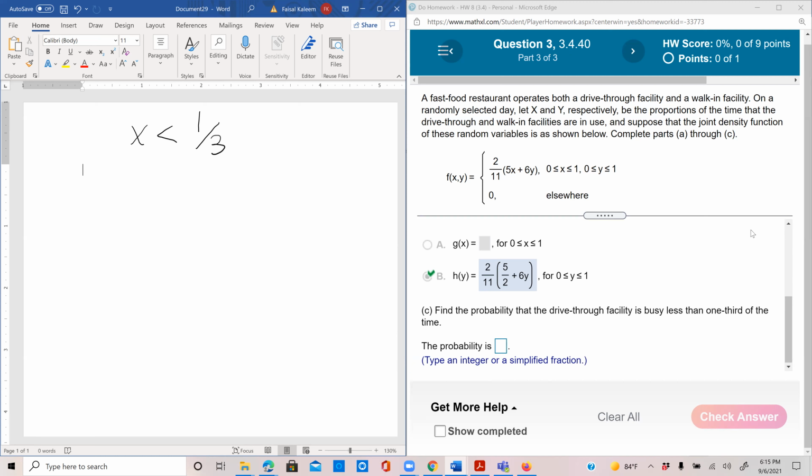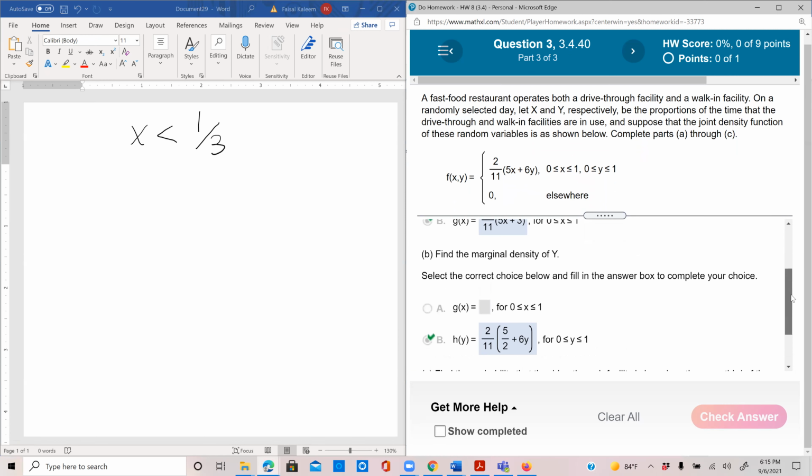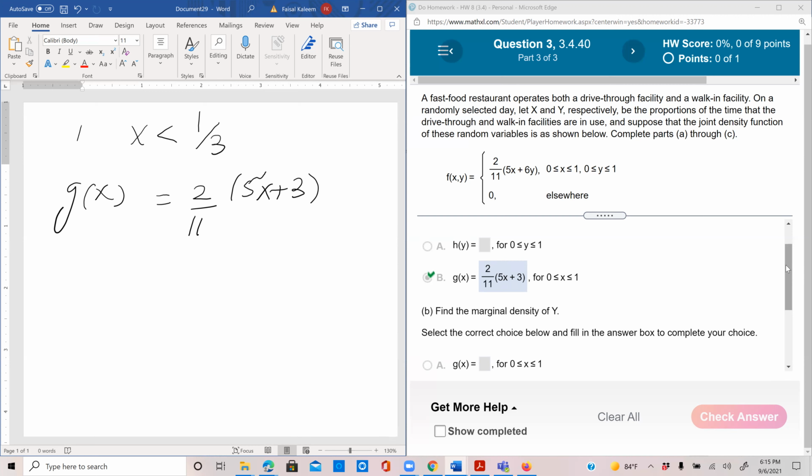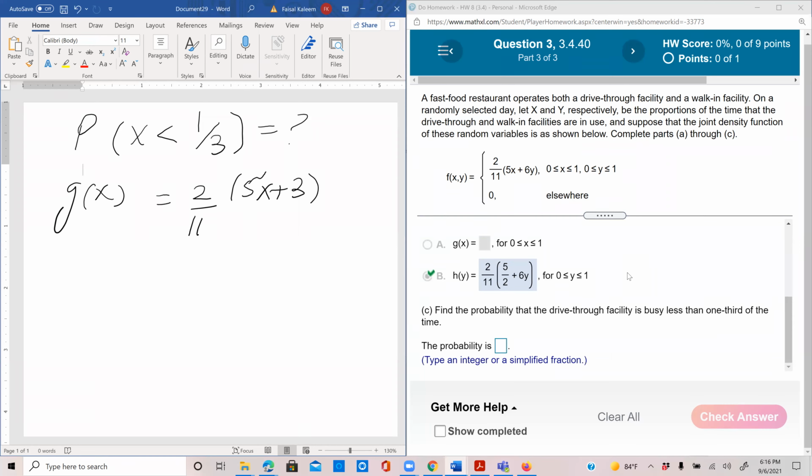And you can use the one for the x. We have g of x is equal to 2 over 11, 5x plus 3. And you want probability. So basically you want probability x is less than 1/3. They're saying find the probability that the drive-through is busy less than 1/3 of the time.